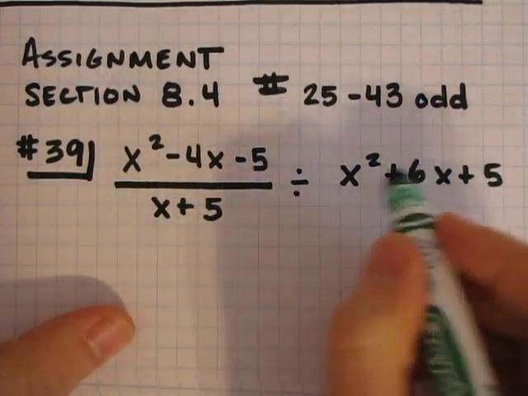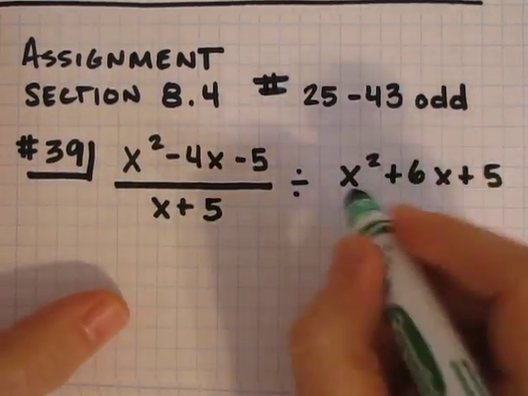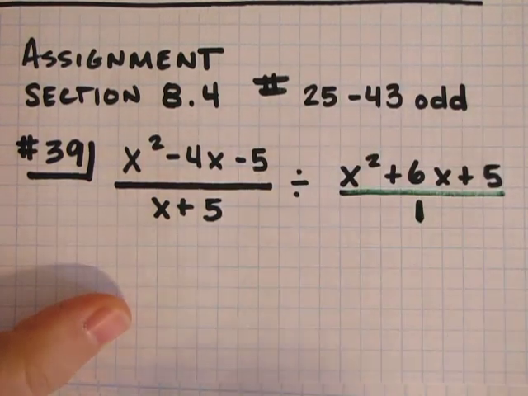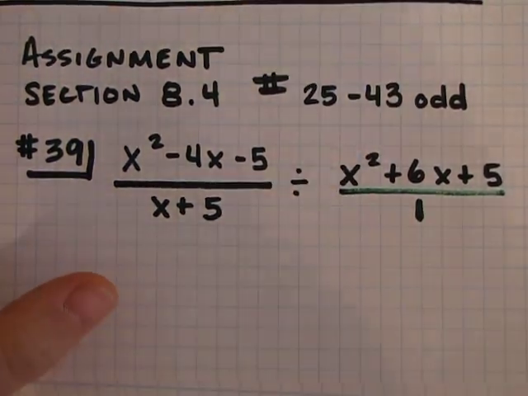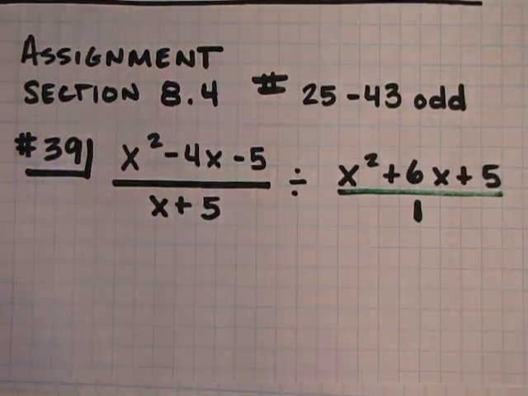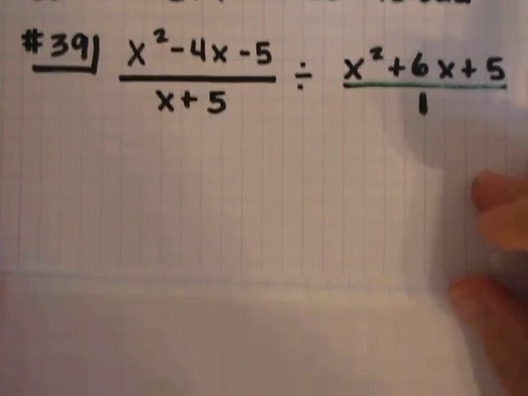So what you're going to do if one of the terms doesn't have fractions is you're going to make one. Anything can be divided by 1, and when you divide by 1, that doesn't change the value at all.